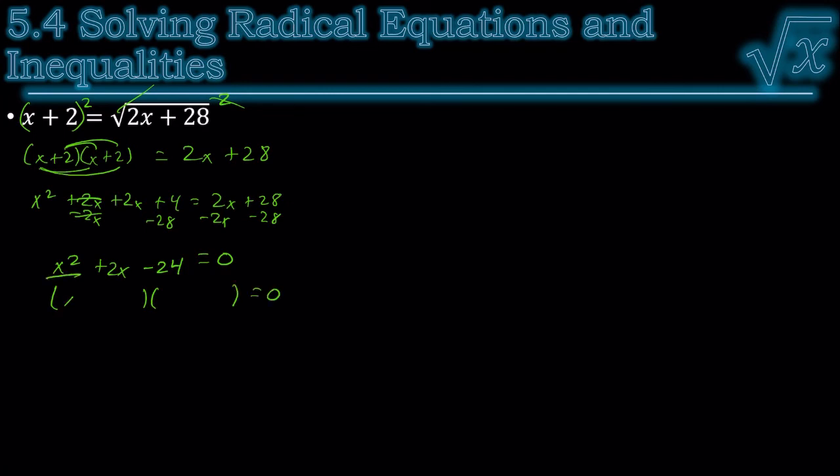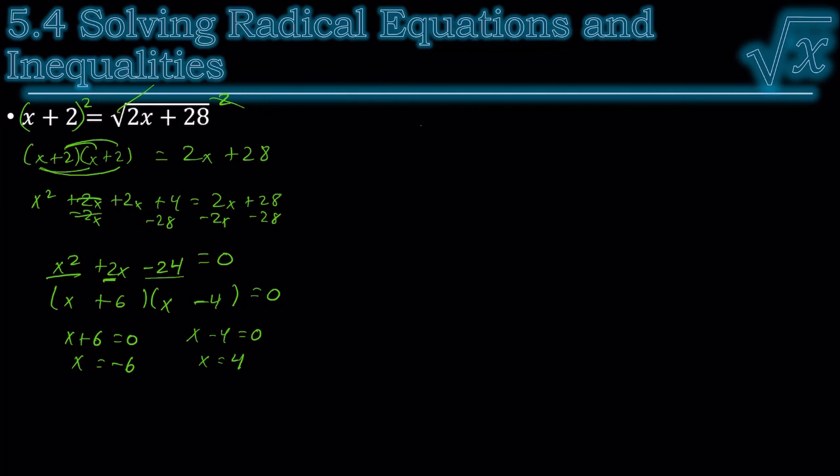Times what makes x squared is x and x, times what makes negative 24. I want it to add to be a 2. So how about a 6 and a negative 4? Multiplies to make negative 24, adds to make the 2. Then I take each of those equal to 0. X is negative 6, or x is 4.